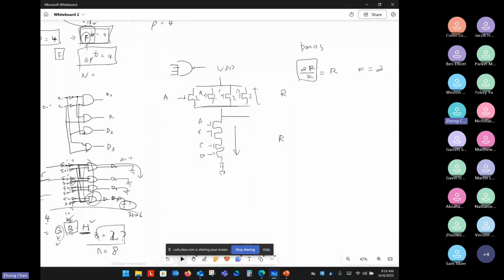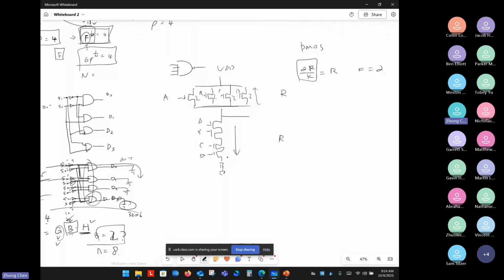Okay, how about the NMOS size? Same kind of process. In order to have the effective resistance equal to R, all four NMOS have to be turned on to pass the current and pull the output node down to ground.